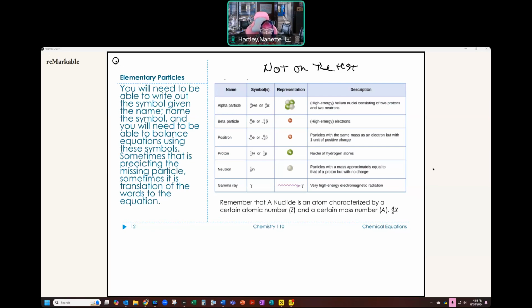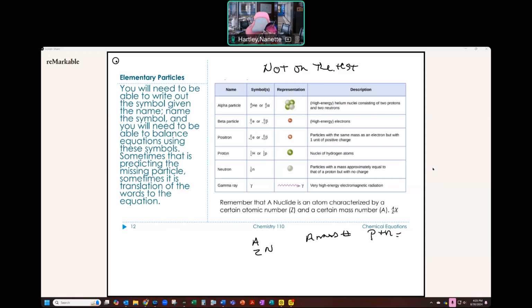Now remember that a nuclide is an atom characterized by a certain atomic number and a certain mass number. So remember, we have our A, Z, and X, where A is the mass number. So that's the number of protons plus neutrons.